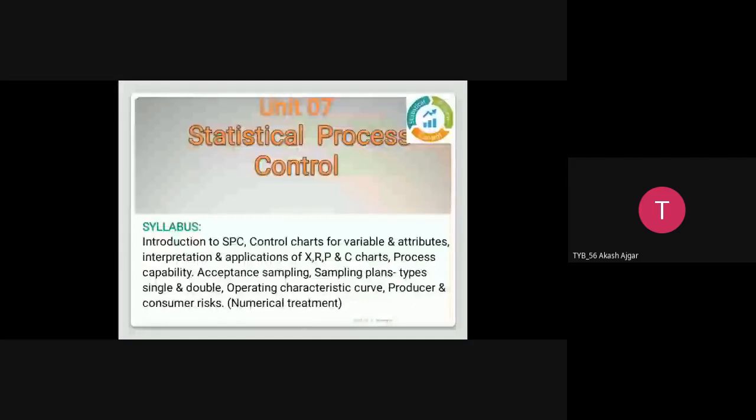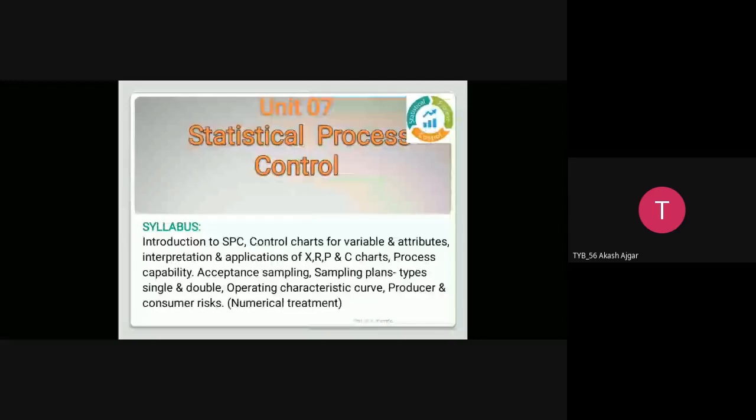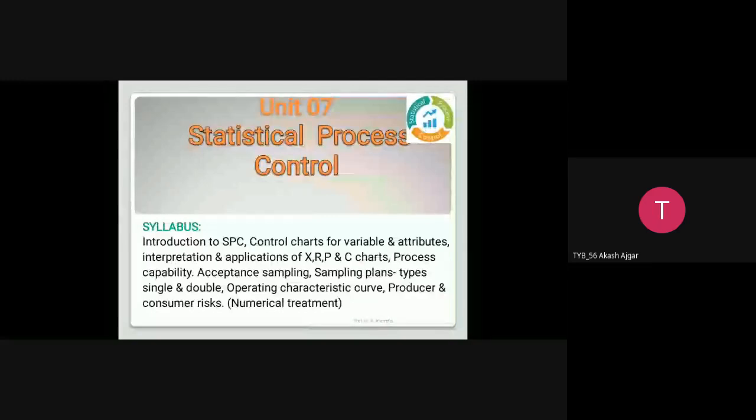Then we will see acceptance sampling plans and their types, single and double, then operating characteristics curve, then producer and consumer risk, and some numerical treatment on these different charts and sampling methods. So we will see this syllabus in this last chapter.